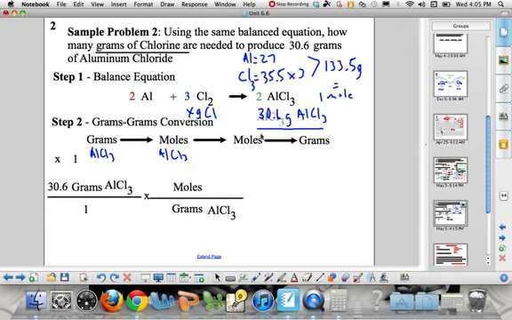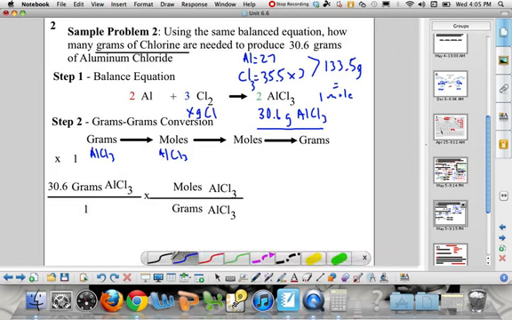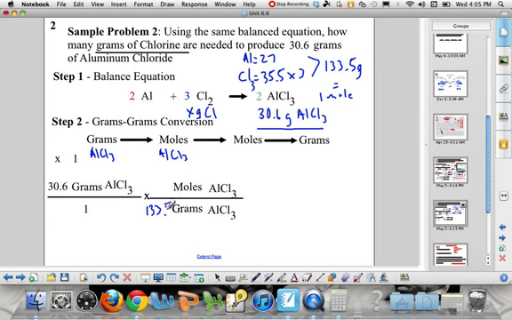Moles of aluminum chloride are going to go up on top. And as we just pointed out earlier, there's my conversion factor, 133.5 grams for every 1 mole of aluminum chloride. My grams of aluminum chloride will cancel out, and now I'm in moles of aluminum chloride.